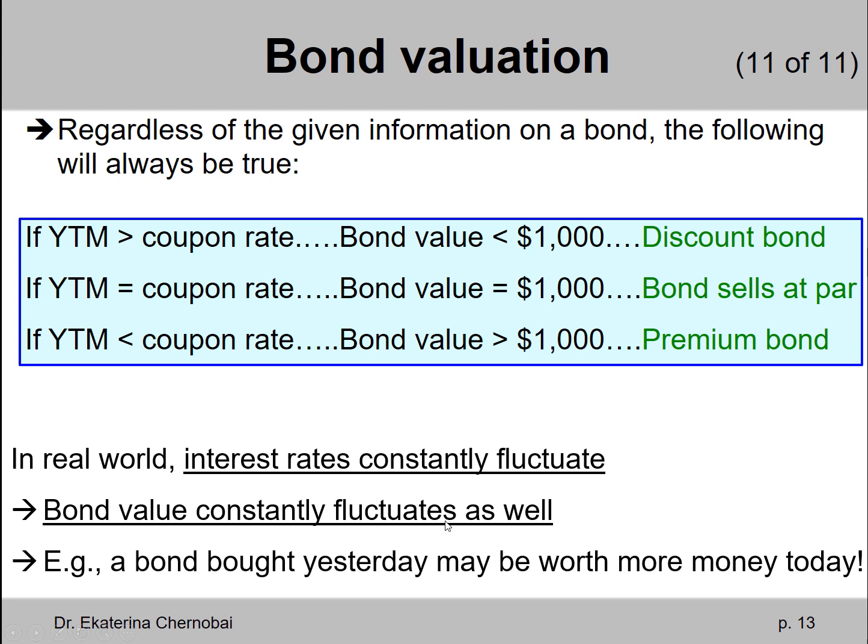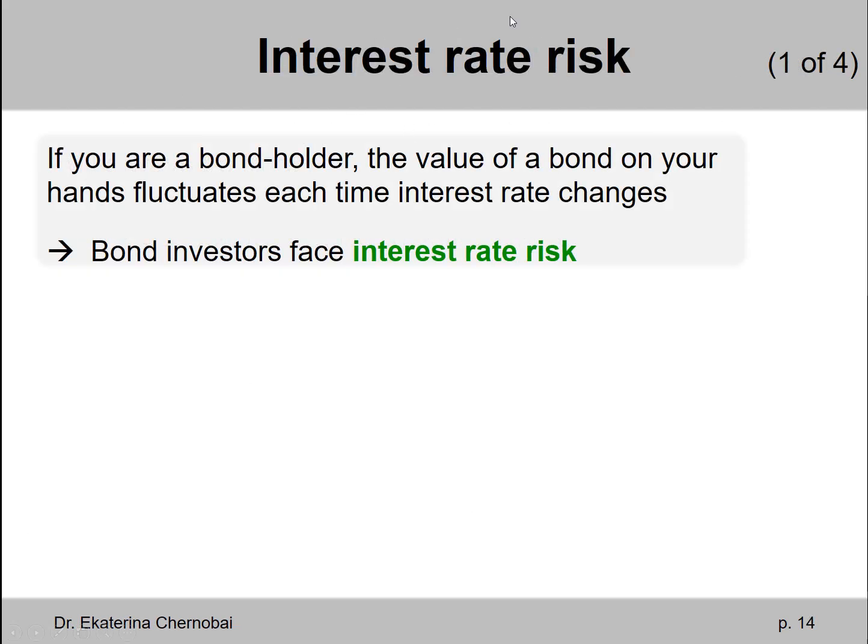So as an investor, because of these constant fluctuations in interest rates on bonds, you're facing this risk of your bond value going down unexpectedly. Technically in finance, we would use the word risk when the price unexpectedly goes up. So any sort of fluctuations are referred to as risk in finance. And we call it interest rate risk.